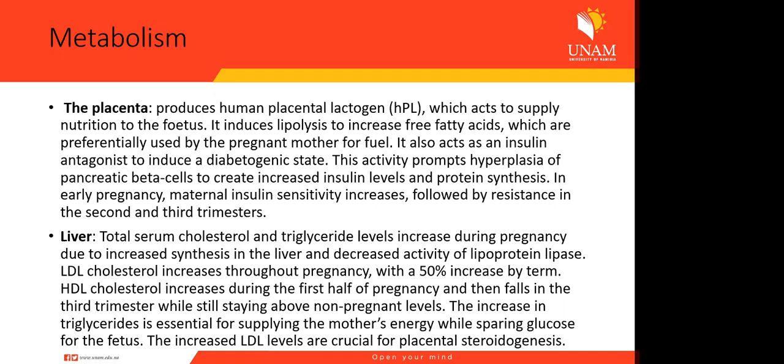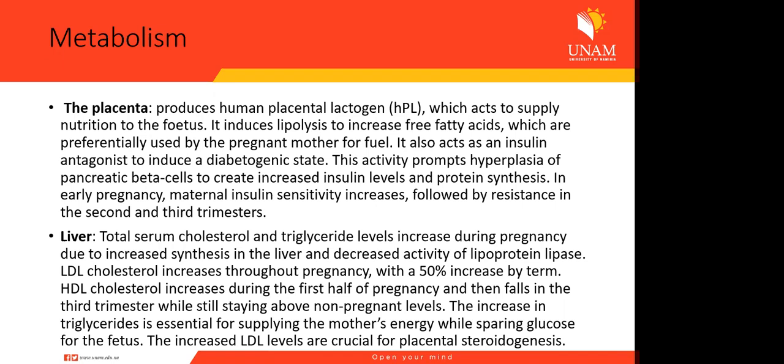This activity prompts hyperplasia of pancreatic beta cells to produce more insulin and protein synthesis. But don't forget that there's increased antagonism to insulin during pregnancy, and this may be followed by increased resistance to insulin effect in the second and third trimester.